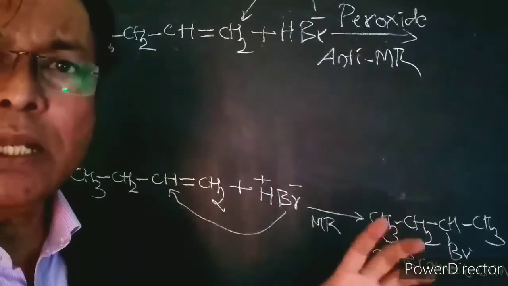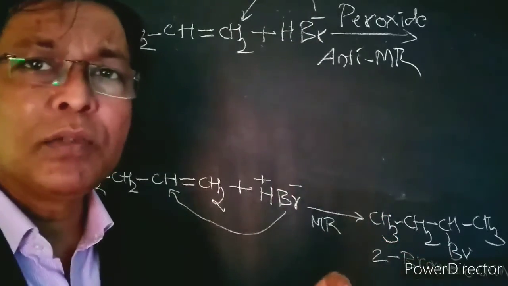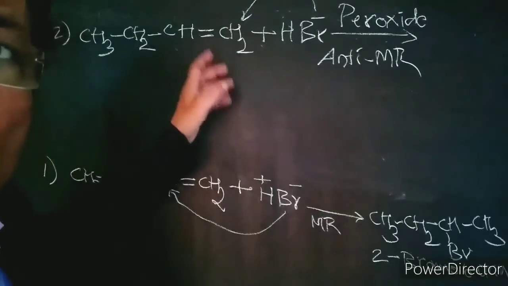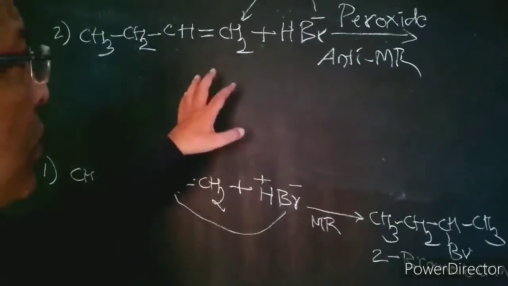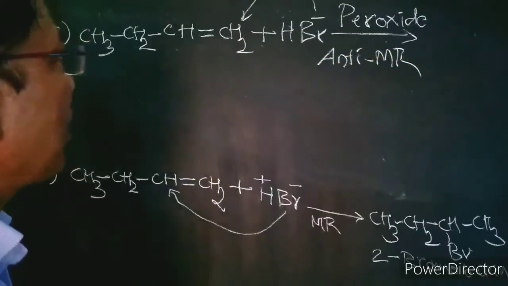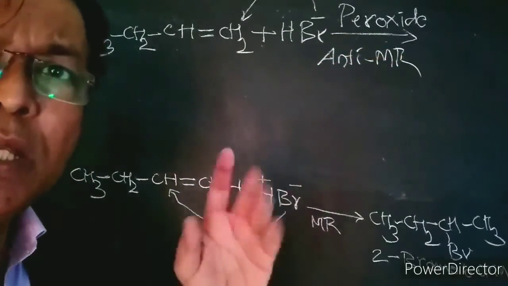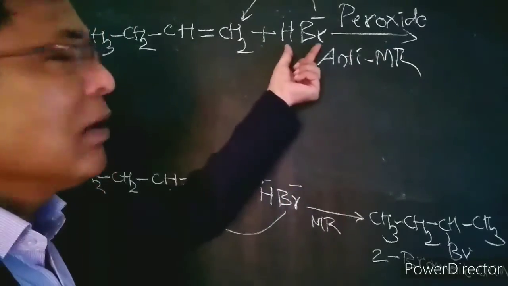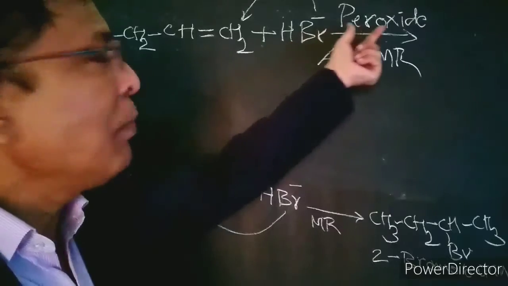Once again I repeat, the negative part of the reagent goes to that carbon atom which carries more number of hydrogen atoms in the presence of peroxide. This is called the anti-Markovnikov rule. The anti-Markovnikov rule is observed only and only when there is hydrogen bromide and peroxide.